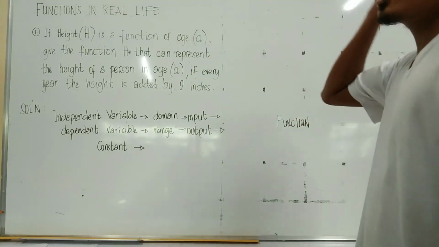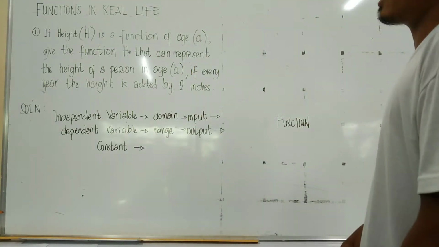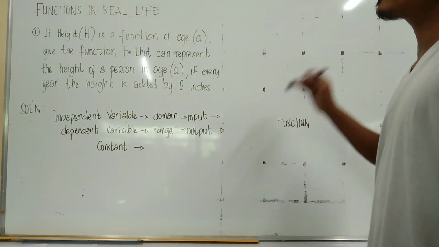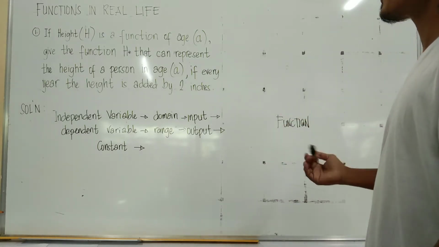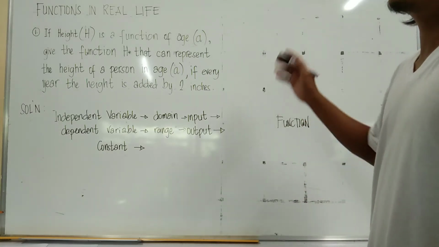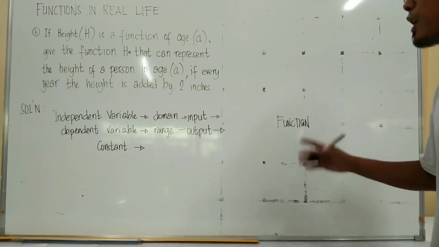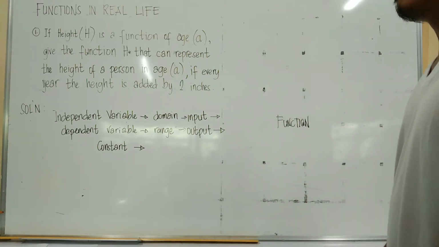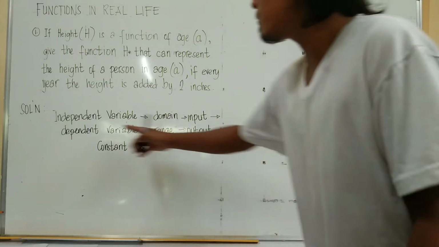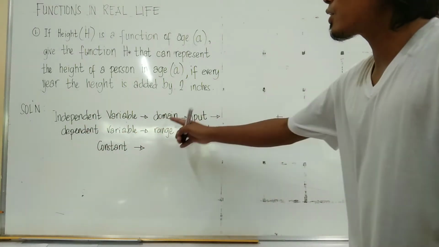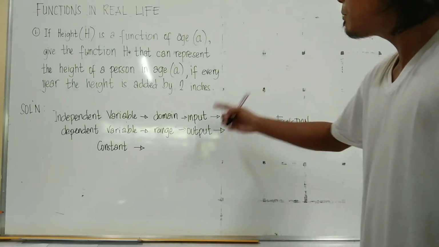First, let us identify your dependent variable as well as the constant of our function. In here we are constructing a function in equation form. Let us identify your independent variable, also known as your domain, or your input.